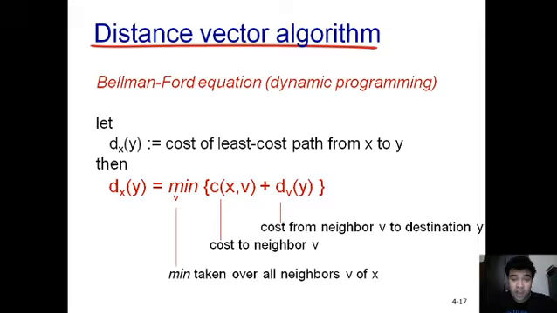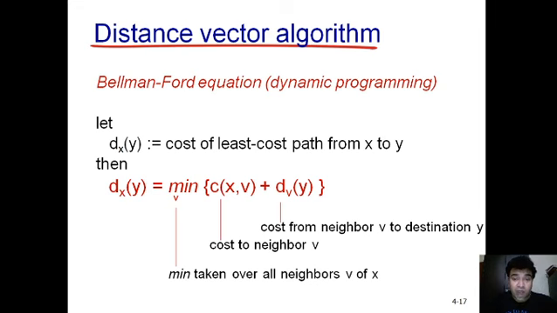V can be any neighbor; it can be 2, it can be 3, it can be n, plus dvy, again the same thing: the distance from a neighbor to the final destination, which is y.